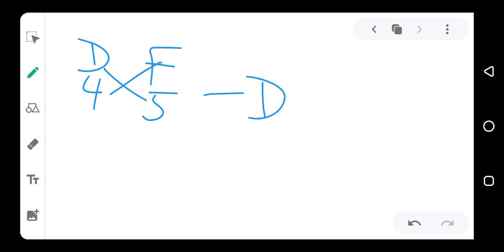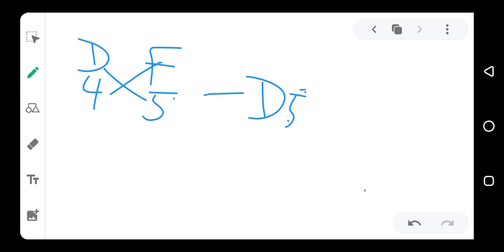D, we carry 5. This 5 is written as a subscript. A subscript is something that is written down below a value, like if you write A, below it you write something like 2. That is a subscript. So this 5 is actually written down. It's not on the same line as this D. So D5, F4.